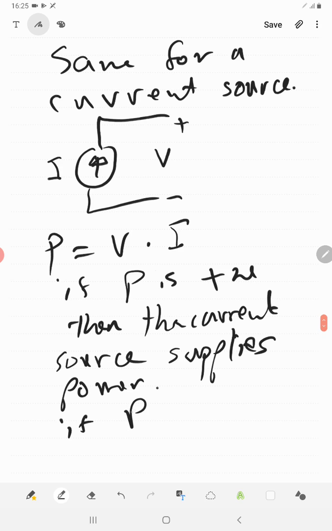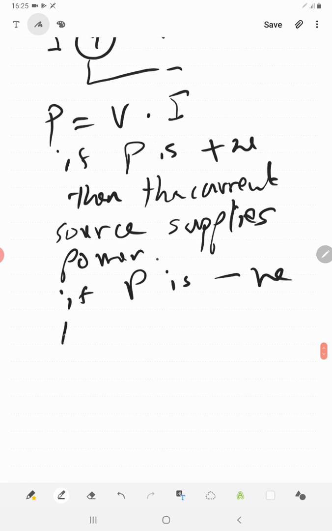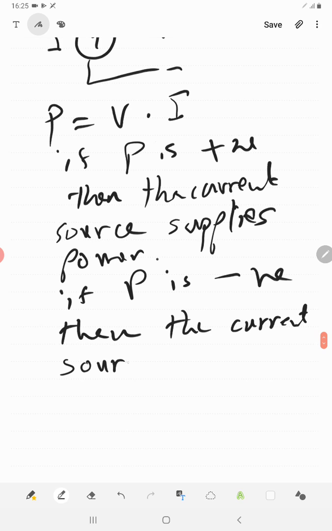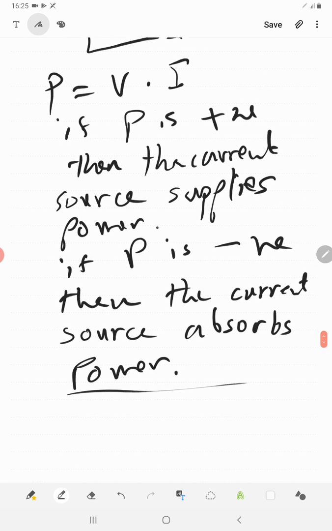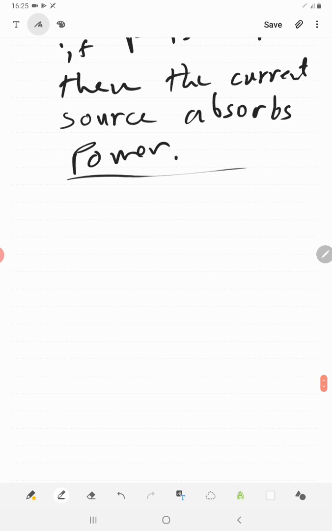If P is negative, then the current source absorbs power. Okay? Let's take a few examples and see how we know this phenomenon.